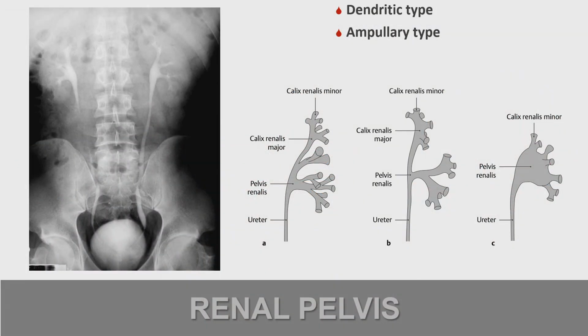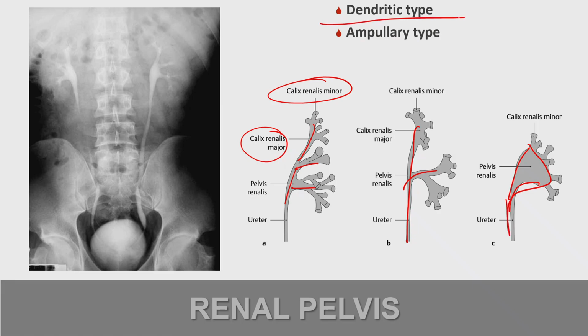So the collecting system of a kidney is formed by calyces, calyx minor, calyx major, and then they are connected. Sometimes it could be dendritic, and sometimes less dendritic, sometimes forming a pelvis which is like an ampulla. So in general we divide into dendritic and ampullar systems.